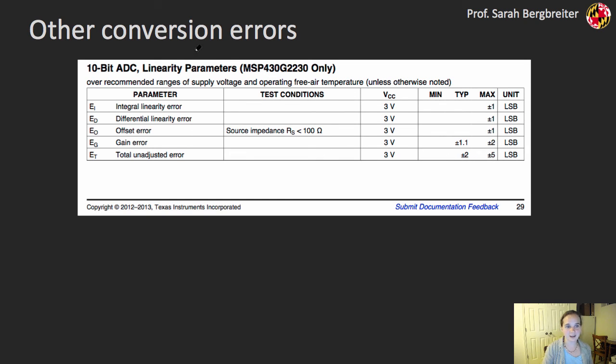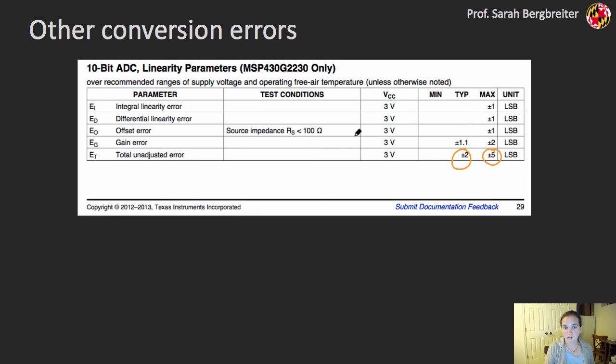In this case, this happens to be an ADC from a microcontroller, one of the TI MSP430 series microcontrollers. And I can see here that if I look at the total unadjusted error, my typical error is going to be plus or minus 2 LSB, and my maximum error is going to be up to plus or minus 5 LSB, which can be quite significant in the grand scheme of things.